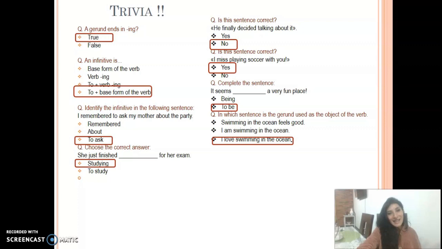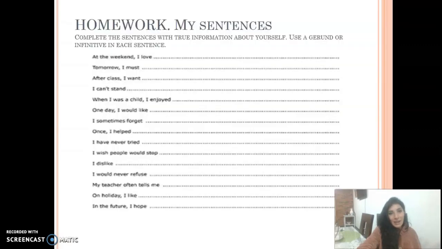So this is the lesson for today, but don't leave this lesson until you know what the homework is about. You have to complete the sentences with true information about yourself, using a gerund or infinitive in each sentence according to the verb that needs to be followed by an infinitive or a gerund. So you need to be aware of all the things that we have checked during this lesson and talk about yourself.